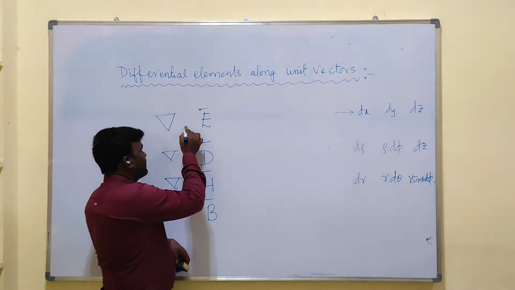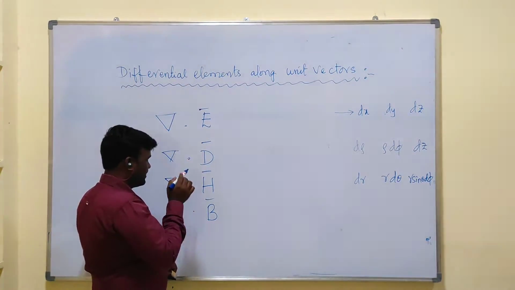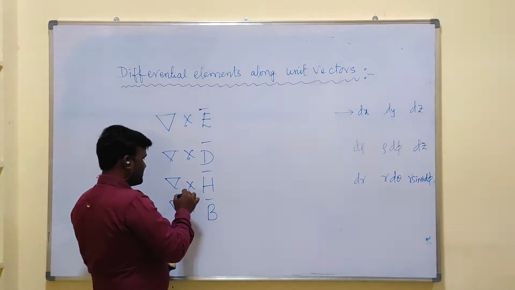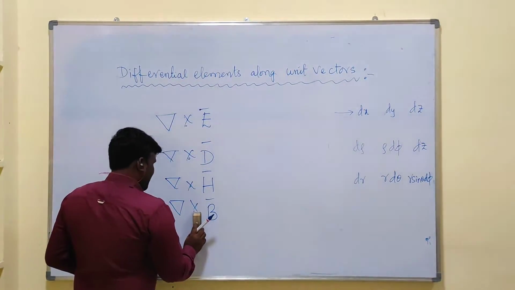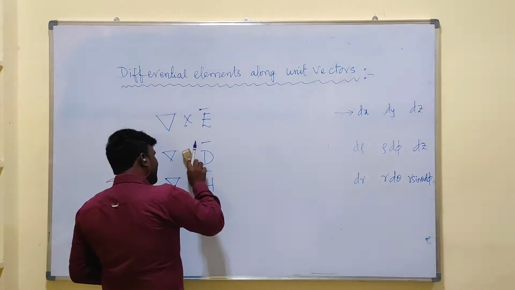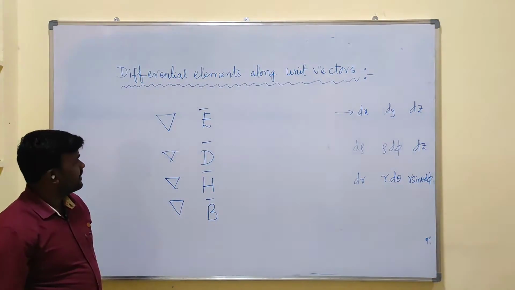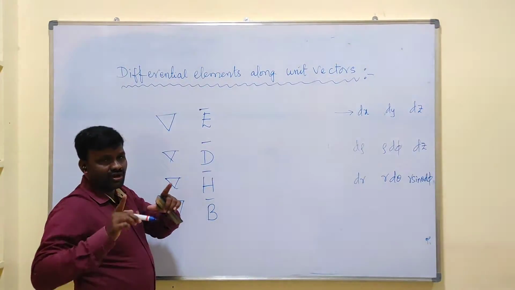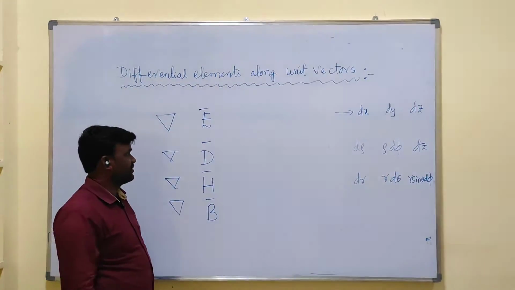Suppose I apply del dot here, del dot H, or else del cross like this. Remember this part in order to know about these Maxwell's equations. If you apply divergence and curl on electric and magnetic field parameters, you will get Maxwell's equations.